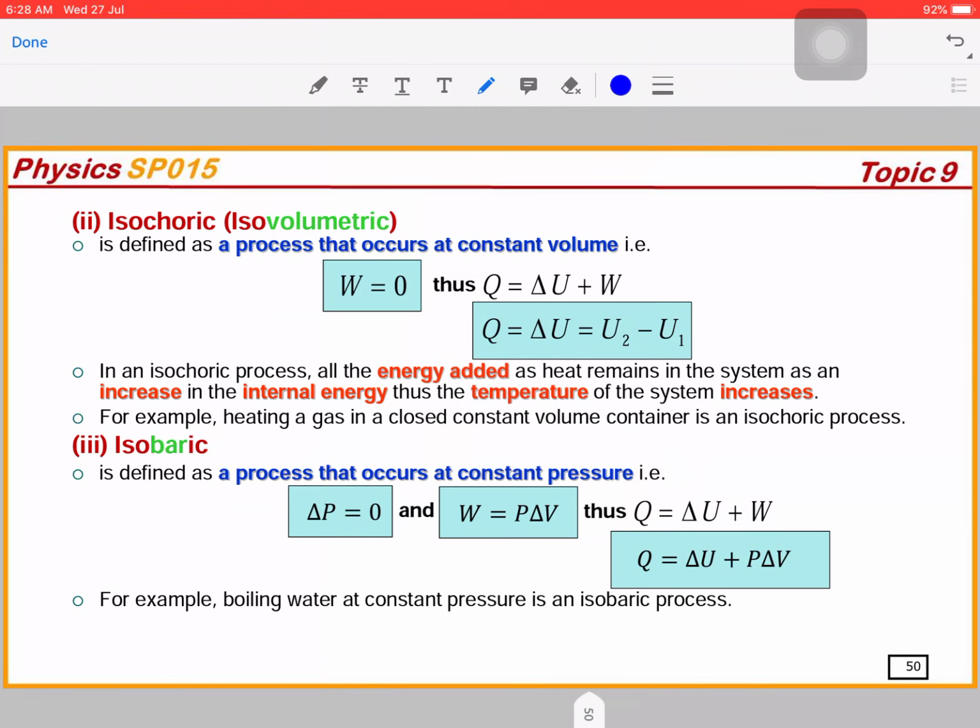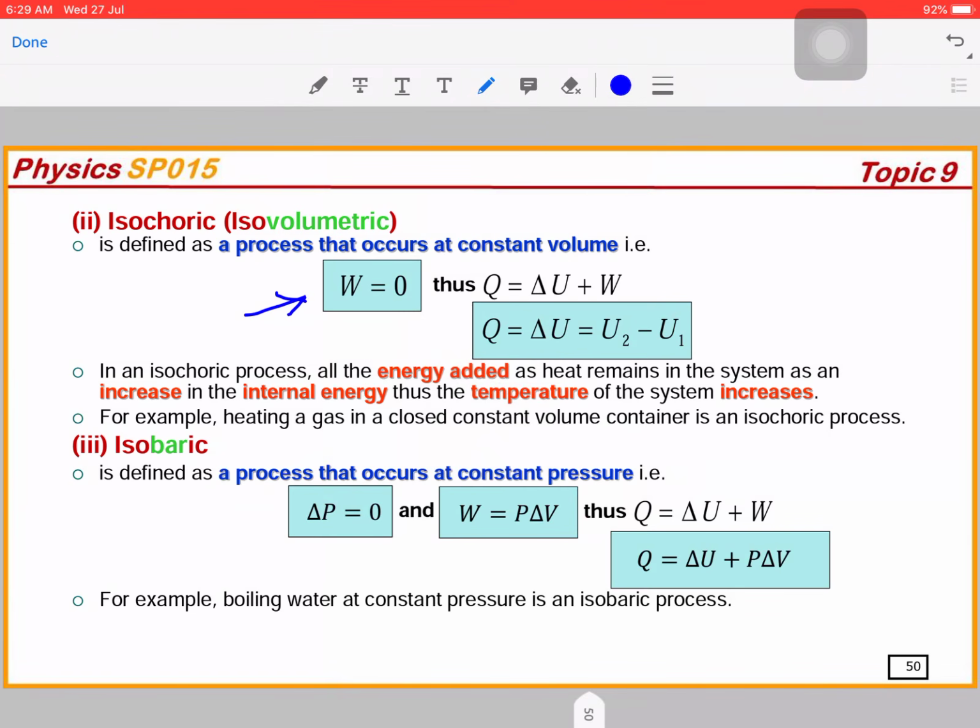Next, isochoric process or isovolumetric process. Okay, you see that the word volumetric means it has the same volume. So isochoric or isovolumetric process is defined as the process that occurs at constant volume. Okay, so volume does not change. So you remember, if there is no change in volume, we can say W is equal to 0.